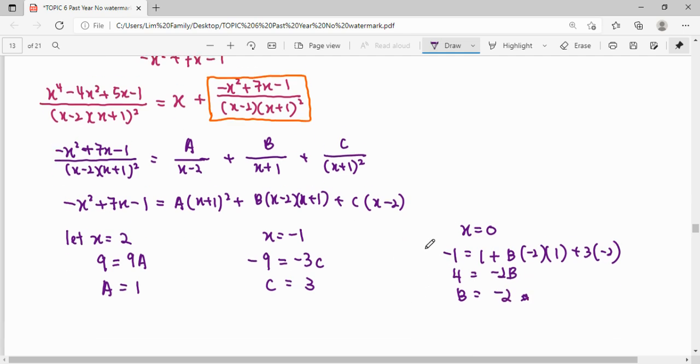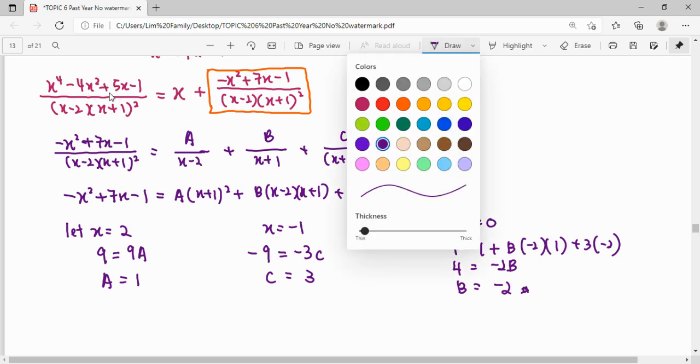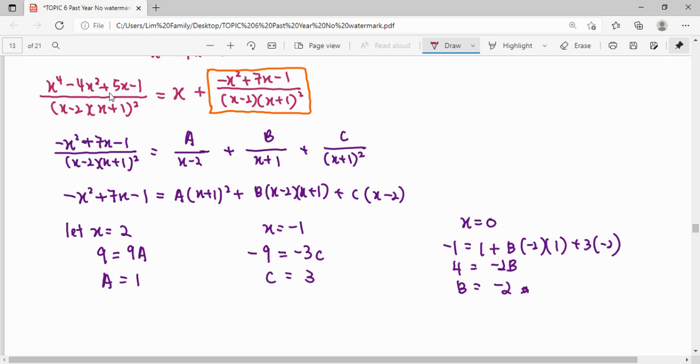So finally, when you want to substitute back our ABC here into the partial fraction, we have to start from the improper fraction here. So go back to the original question, which the improper fraction there. And write the quotient x and the proper fraction which already expressed in ABC.